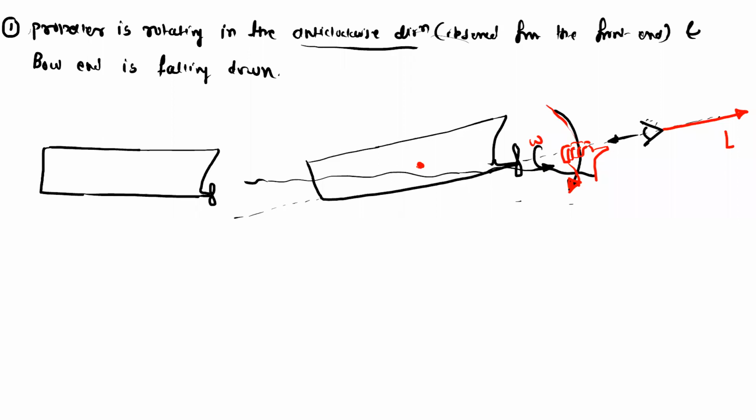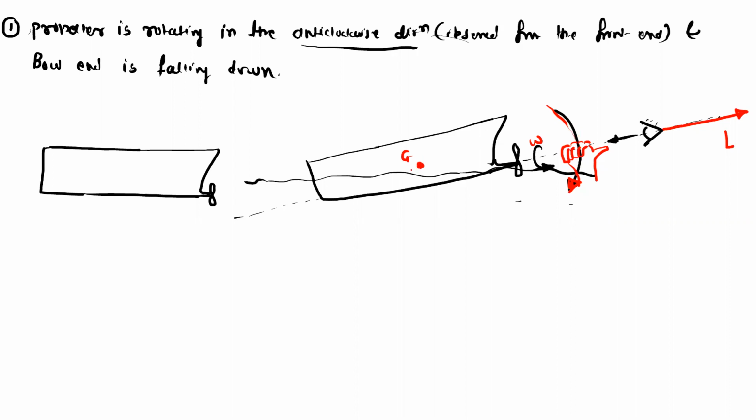So assume this as the center of gravity for the complete ship. When the ship is falling, the ship is changing its angle about the center of gravity.